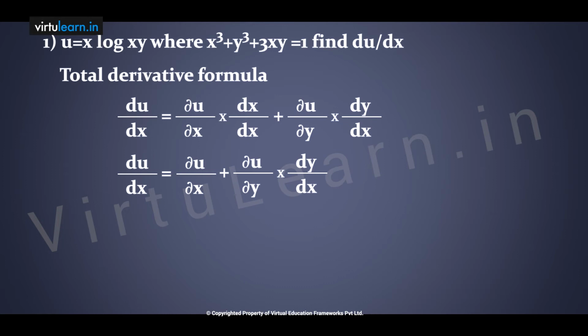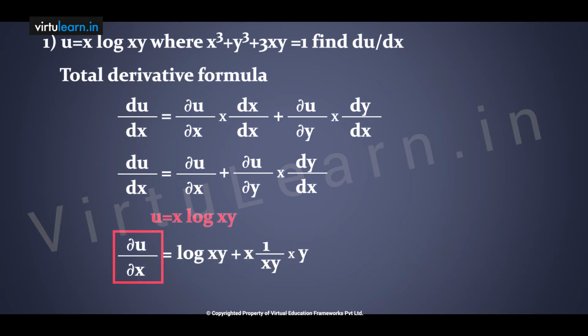Now, how many terms do we have to calculate? Dou u by dou x, dou u by dou y and dy by dx. Consider u equal to x log xy. Dou u by dou x means partial differentiation of u with respect to x. By the uv formula, since x is available and in log xy also x is available, first I will differentiate x.